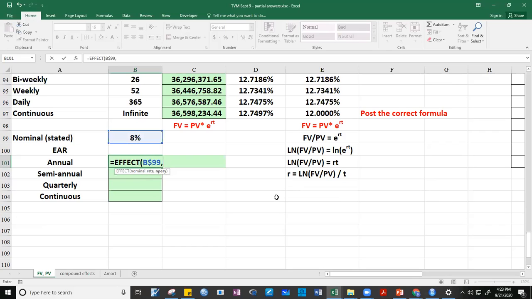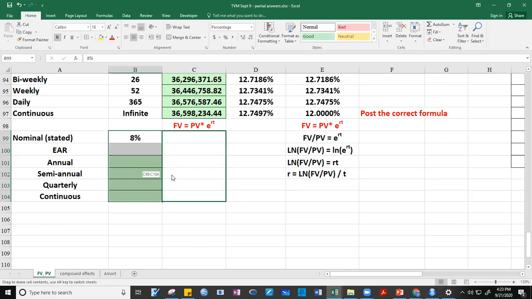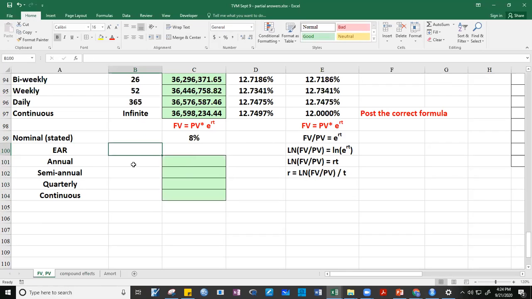Hindi pala natin pwedeng maglagay tayo dito, sorry ha. Maglagay tayo dito ng N per Y. So ito 1, semi-annual ilan? 2, quarterly is 4, continuous yan. So this is equal to effect.